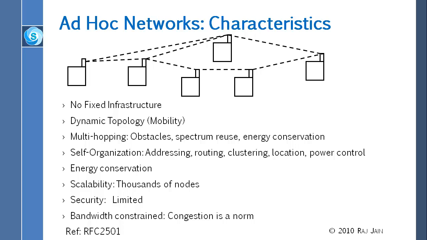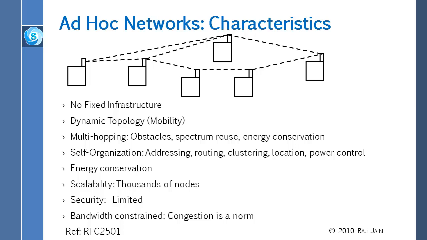Then self-organization, and that is the issue of the whole thing having to organize itself and dynamically change as the nodes get in and out of the network. The remaining nodes have to form a network which is fully connected somehow. And so there is an addressing issue first of all, then there's a routing issue, there's a clustering issue.